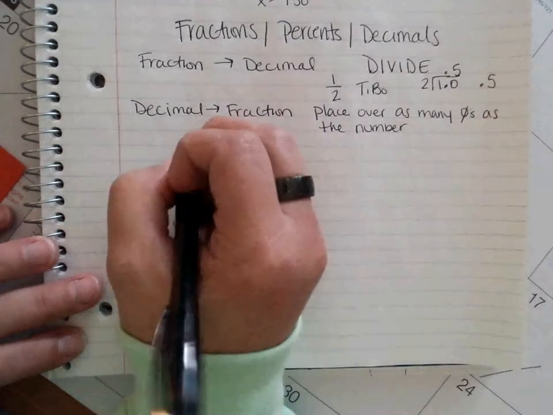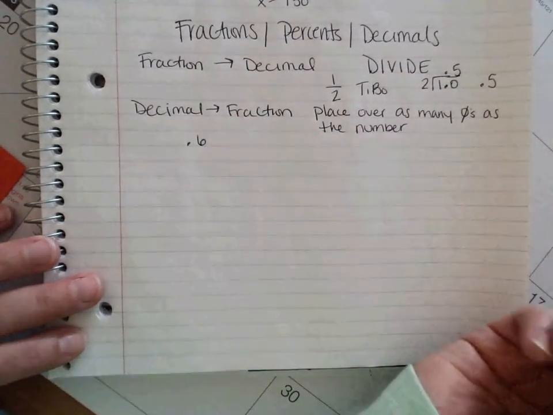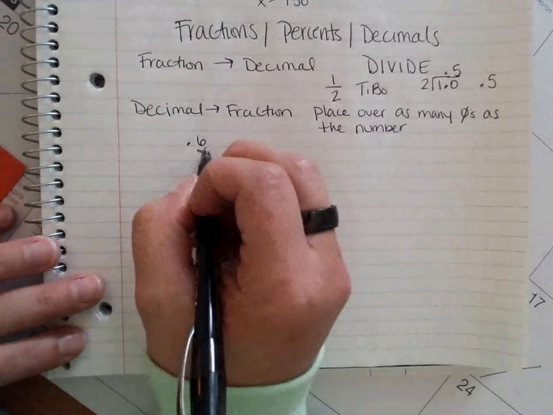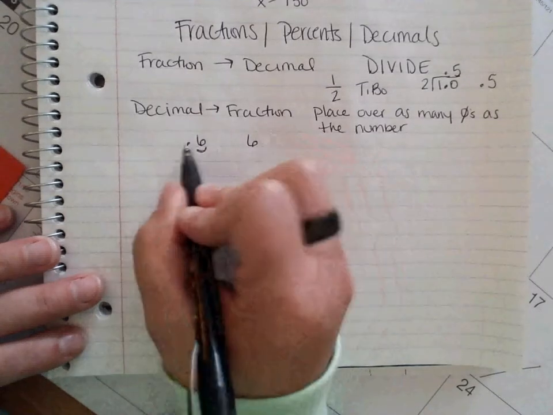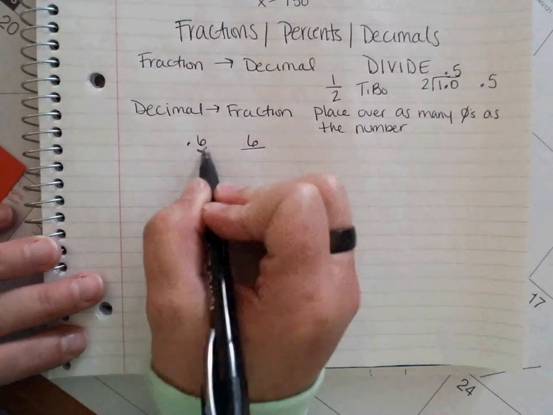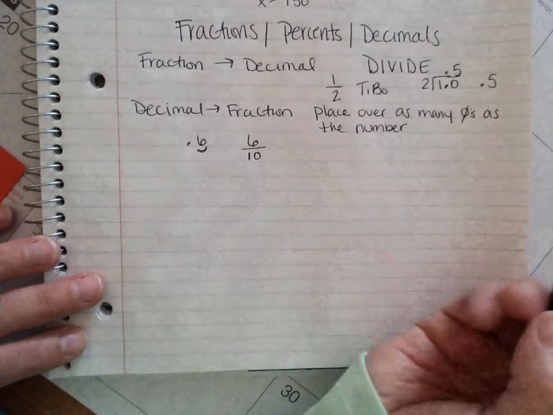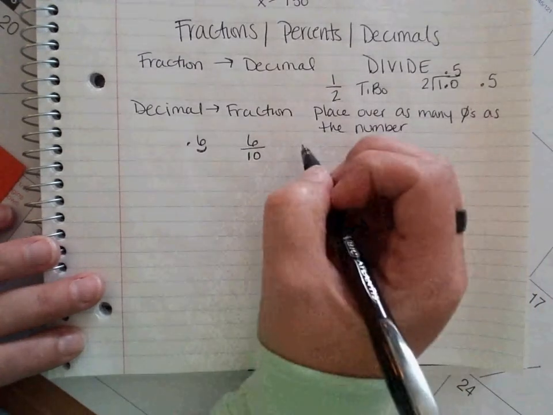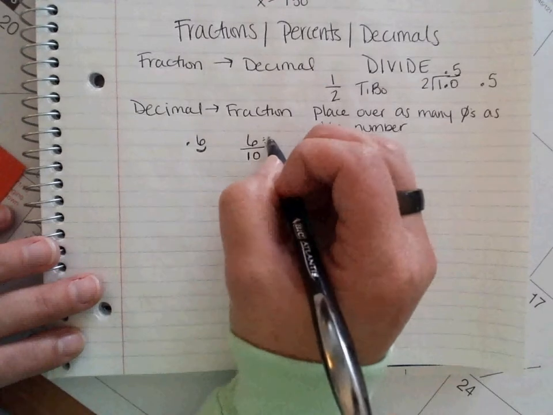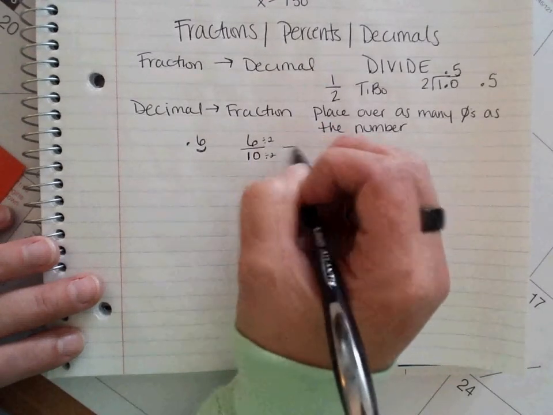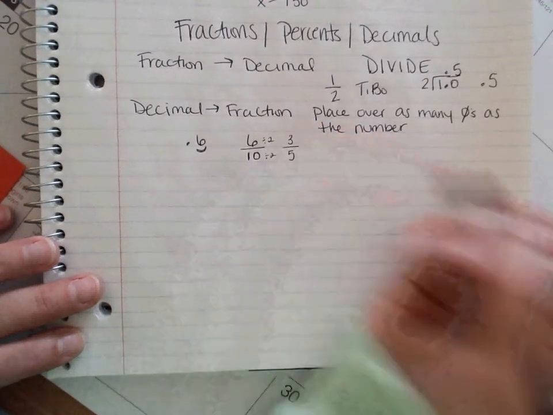So if I give you 0.6, you have one number, so you're going to put 6, make it a whole number, over, and then you have one number here, so I'm going to put 1 0 and a 1 in front of it. So 0.6 is 6 over 10, which we can divide by 2, top and bottom, which gives me 3 over 5.